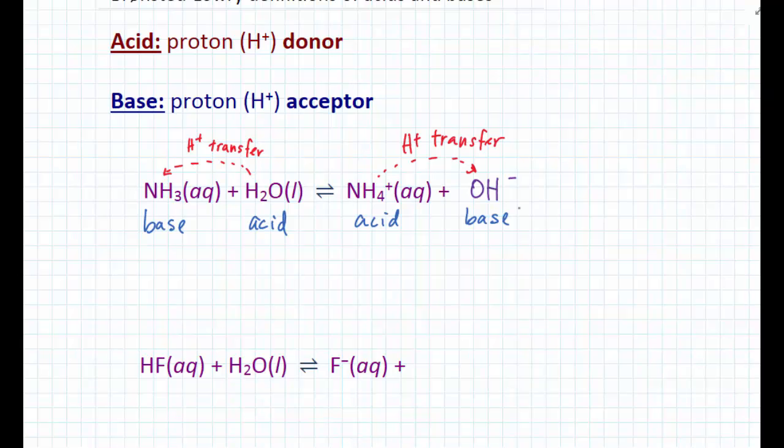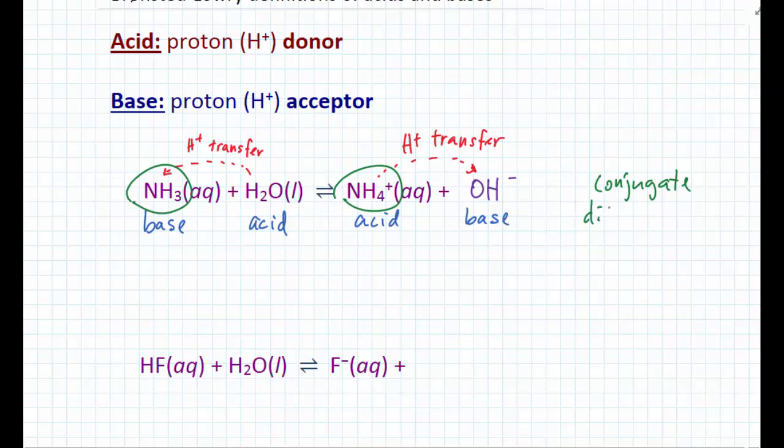All right, so when this proton transfer happens, we have two pairs of substances that are just one H+ apart. In other words, NH3 is related to NH4+ by a proton, right? So we call those conjugates of each other. Conjugate, only different by one proton.